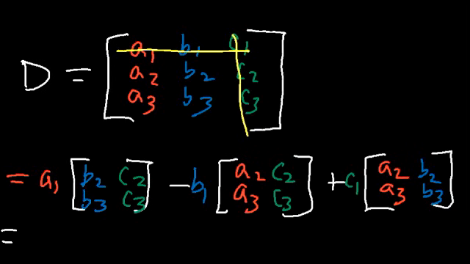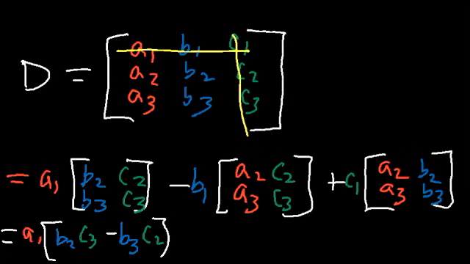And you know how to find the determinant for a 2x2 matrix. So for example, the first one is going to be a1 times b2 times c3 minus b3 times c2. And then just repeat the process.